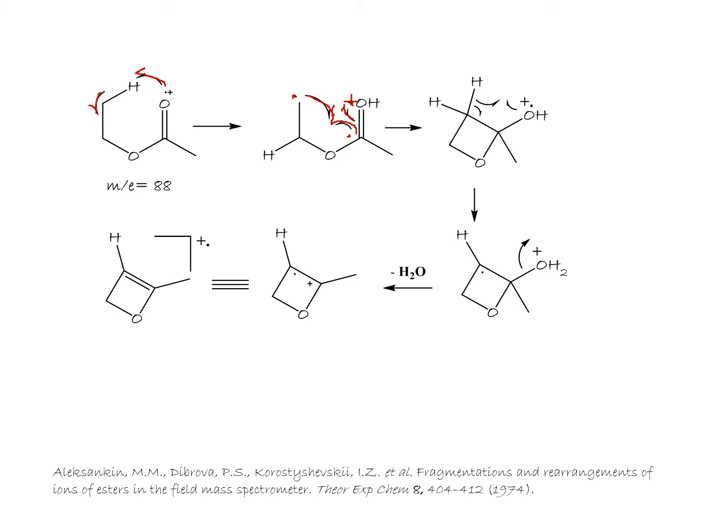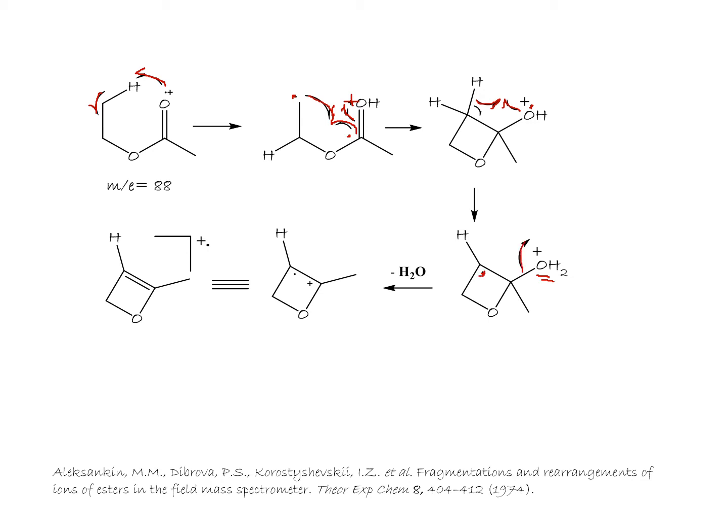So we'll end up with this cation radical. Then one more time, this odd electron with hydrogen, this will be OH2, and here will be a radical.